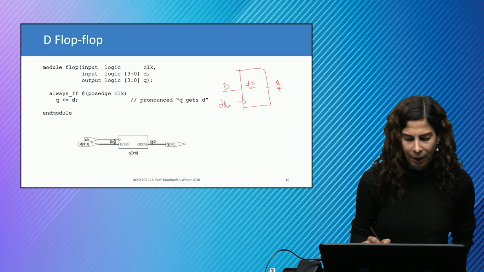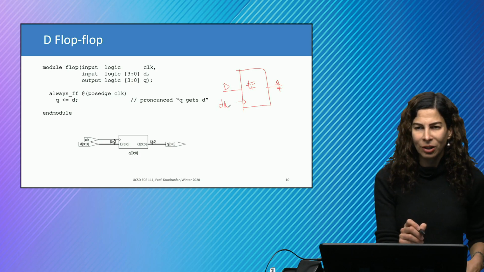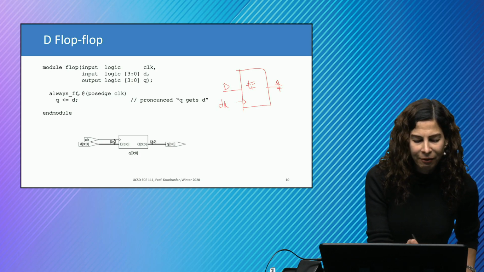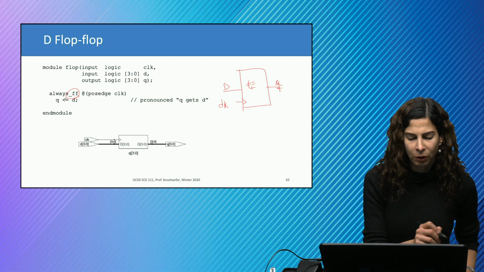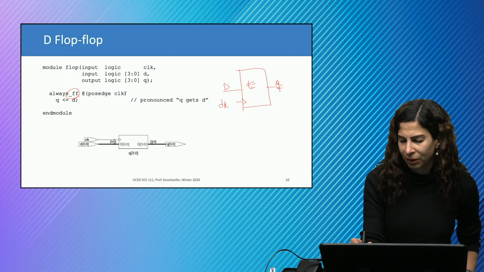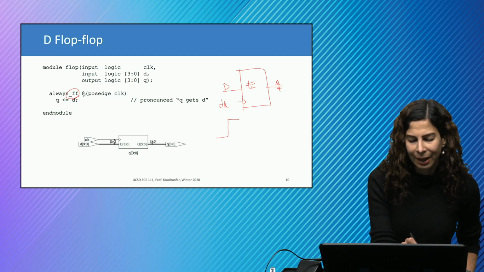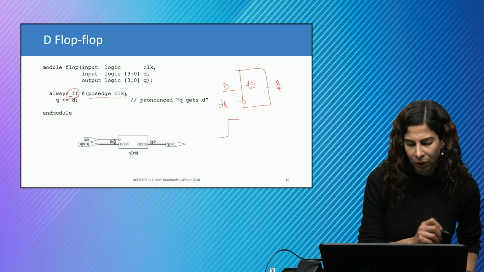As we mentioned last time, always_ff is used for sequential design, and this is going to be sensitive to the clock. Because this is sensitive to the positive edge of the clock, we have the command always_ff at positive edge of the clock.